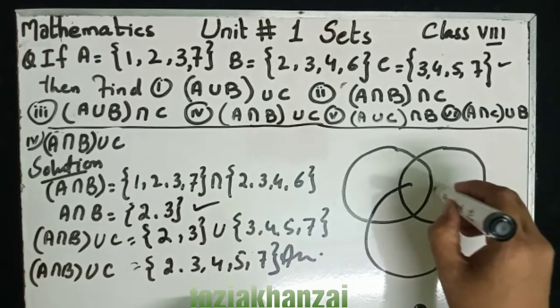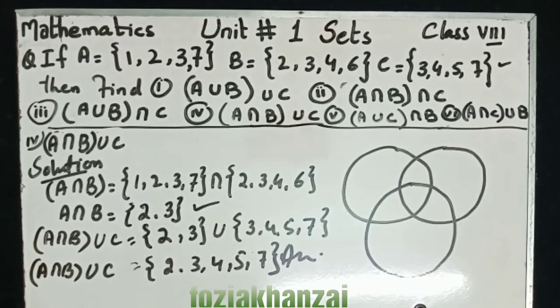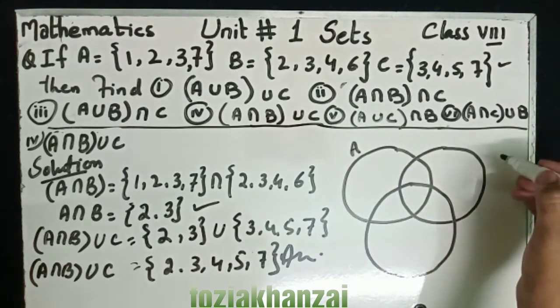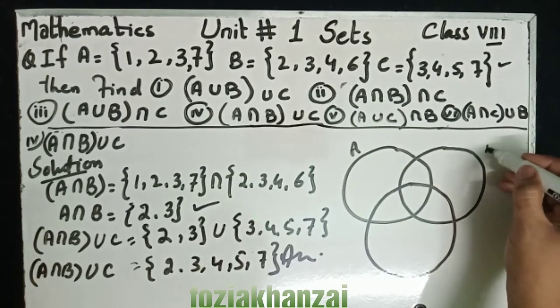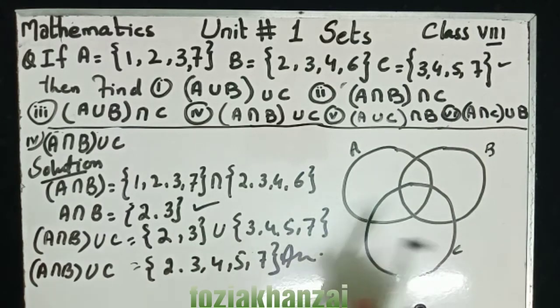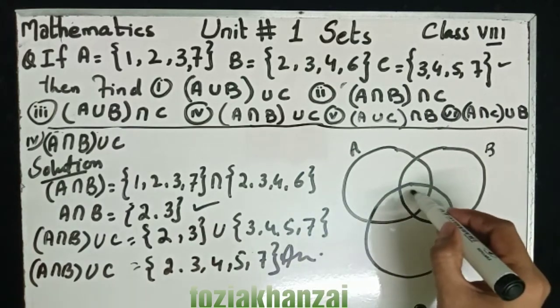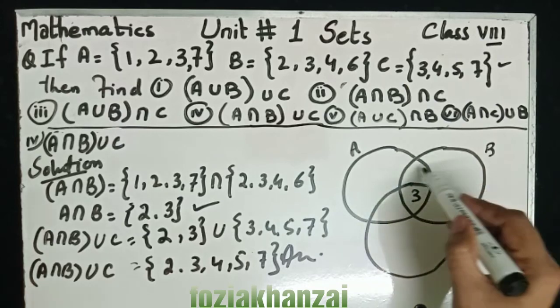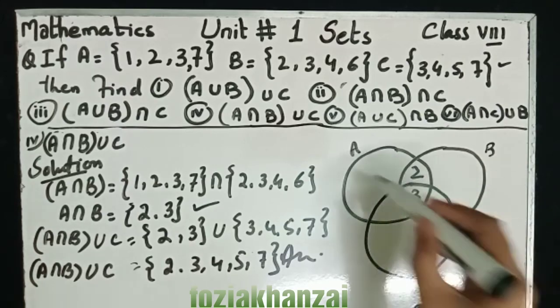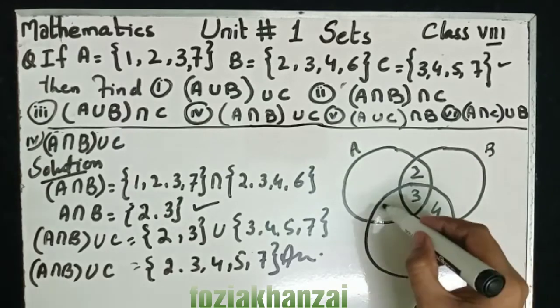If we have different elements or sets, we draw accordingly; sometimes we have alphabets, sometimes digits, but the method is the same. The common element between three sets is 3, between A and B is 2, between B and C is 4, between A and C is 7.